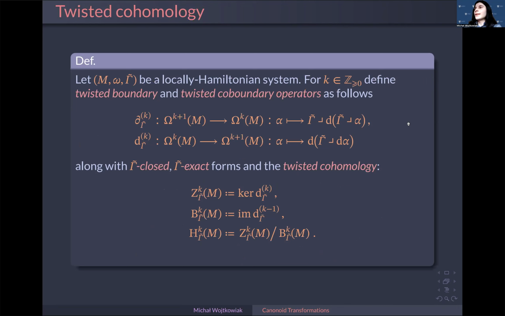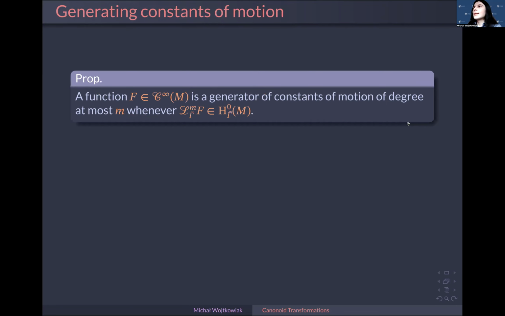So the rest is just analogous to the de Rham cohomology in terms of definition. And this, like I said, gives us a language to very nicely formulate theorems and prove them. So, for example, we can say that a function is a generator of constants of motion of degree at most m when its Lie derivative along the dynamical vector field of order m is a gamma closed zero form, or just that it is a part of the zeroth cohomology.